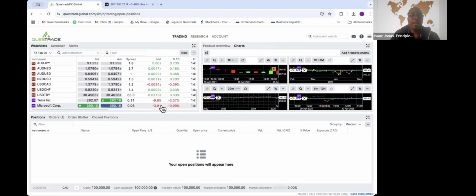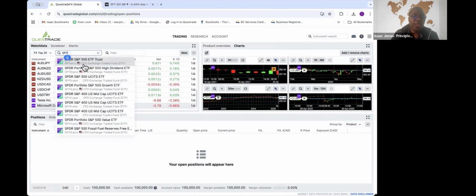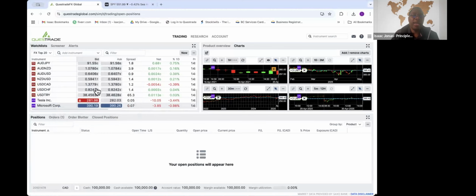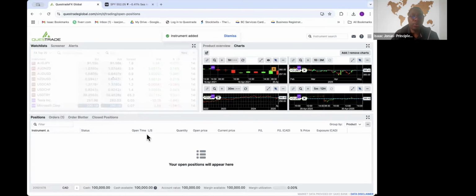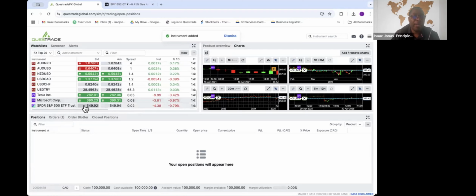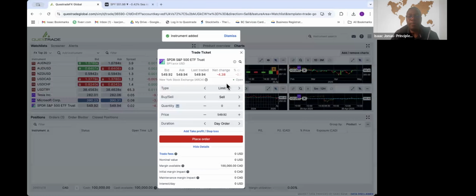Now, that is an individual stock. Let's say you want to buy SPY, an exchange traded fund that I usually like to buy. I would click here and do the same. If you want to sell, you leave it like this, but let's say I want to buy 5 shares of SPY.